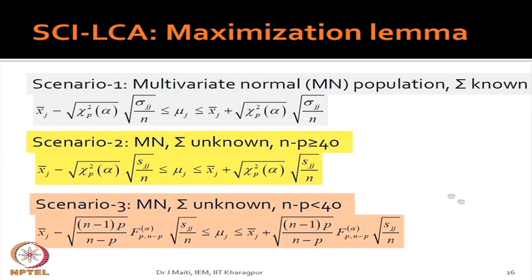If sigma is unknown and the sample size is large, you use S jj, and you also use the chi-square distribution. When the sample size is small, with multivariate normal and sigma unknown, you use the F distribution.